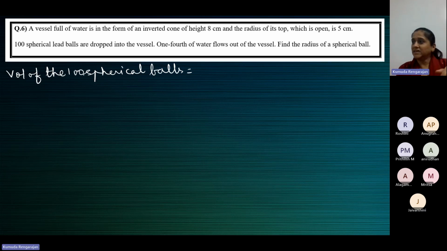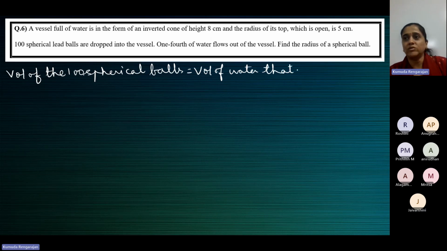Somebody is entering, so equivalent will exit. What is exiting? Water. What's entering? The spherical balls. So the volume of the 100 spherical balls is equal to the volume of water that overflows. This is the equation.